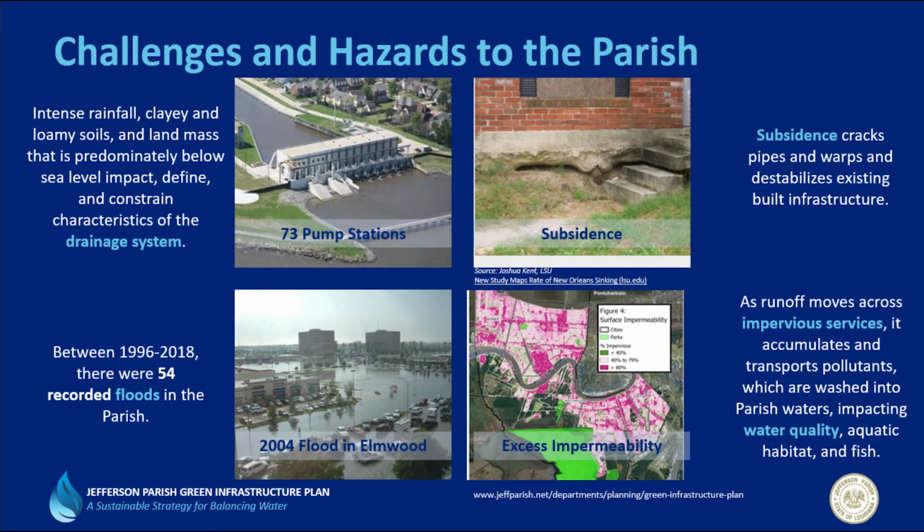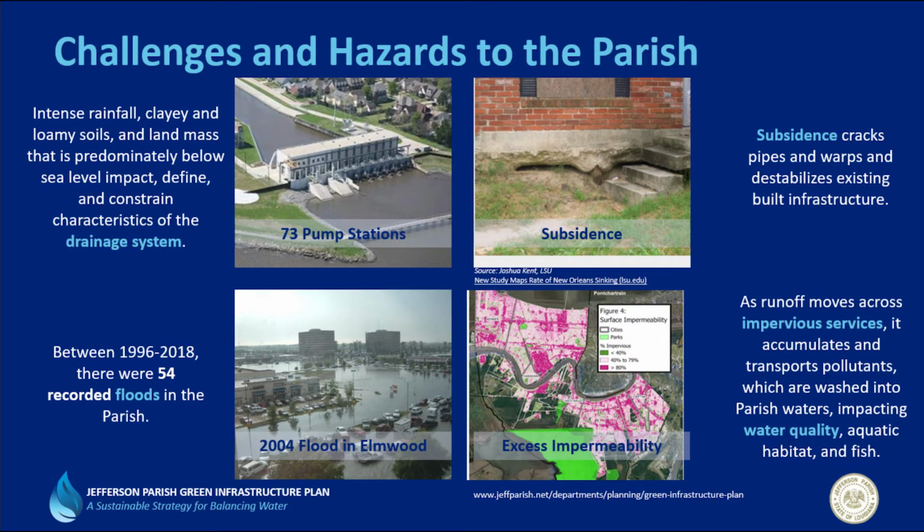Challenges. Because most of Jefferson Parish landmass is below sea level, its drainage system incorporates infrastructure that is not typically found in most urban areas, including pumping stations, levees, flood walls, and canals.